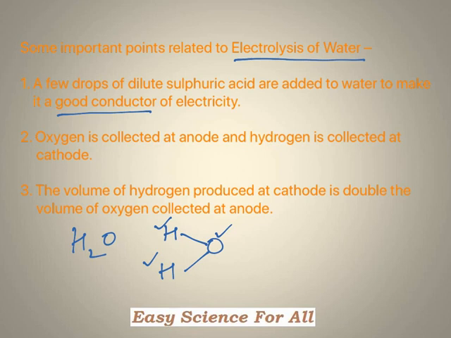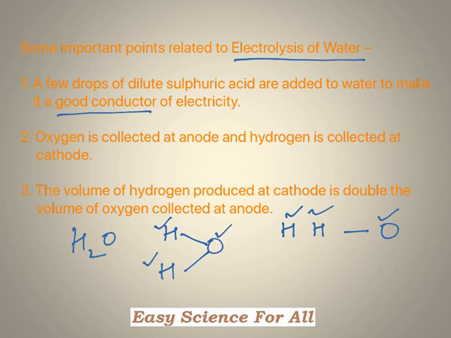So when electrolysis happens, these hydrogen atoms dissociate from oxygen, and as a result, for each one oxygen atom we are getting two hydrogen atoms, and these hydrogen atoms combine to give hydrogen gas.